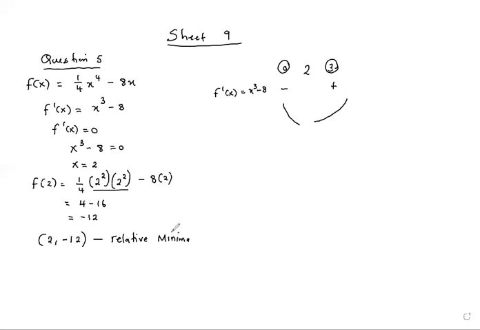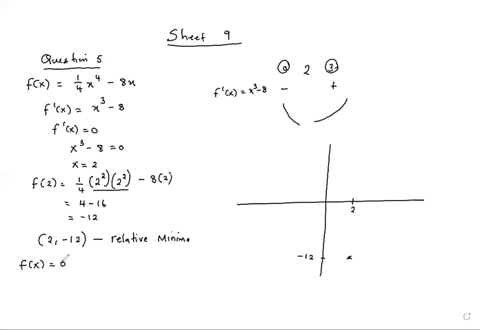Use your graph to verify. So let's sketch it and see if it's true. So we have 2, negative 12. This point here is a turning point. But if we equate the function to 0, we must get the x-intercepts.